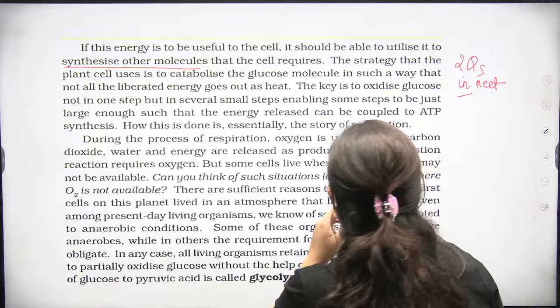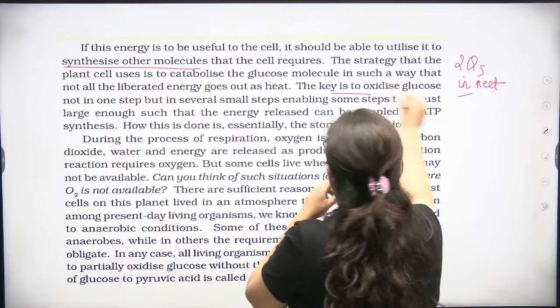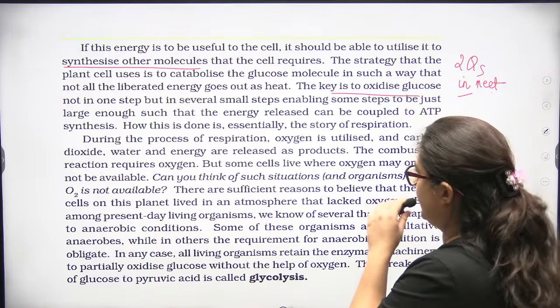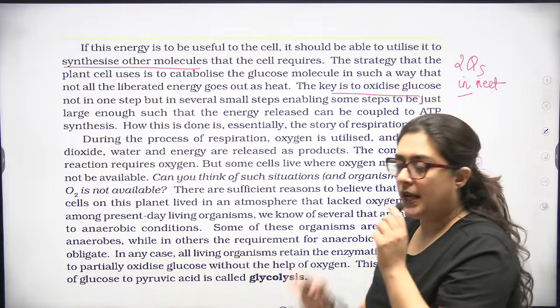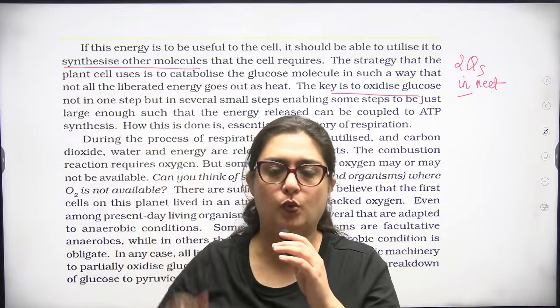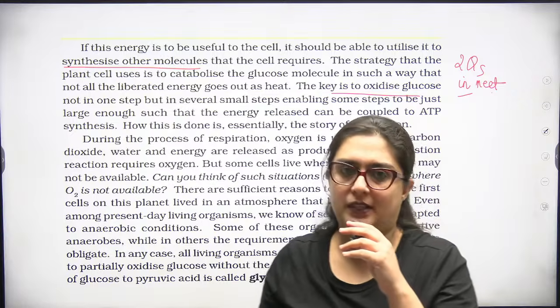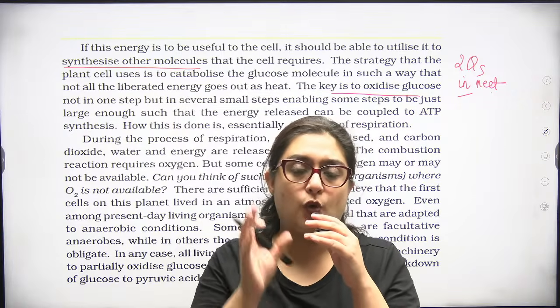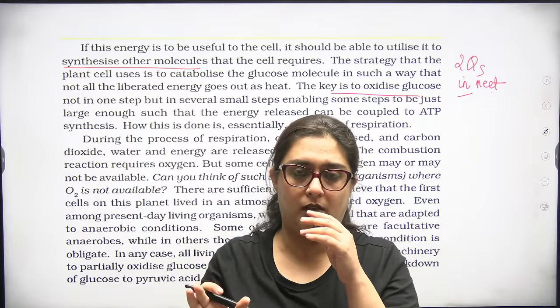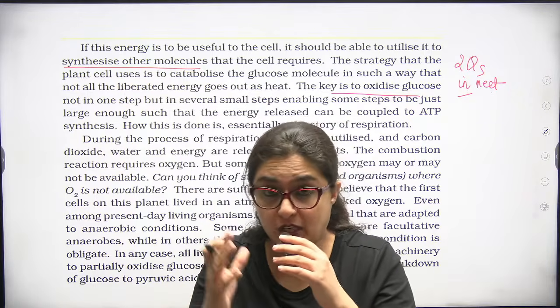Now the key is to oxidize glucose not in one step but in different small steps. In respiration, it doesn't mean that oxygen is able to break the glucose in one step. No, even in animals as well as in plants, whenever oxidation of glucose is occurring, respiration takes place.